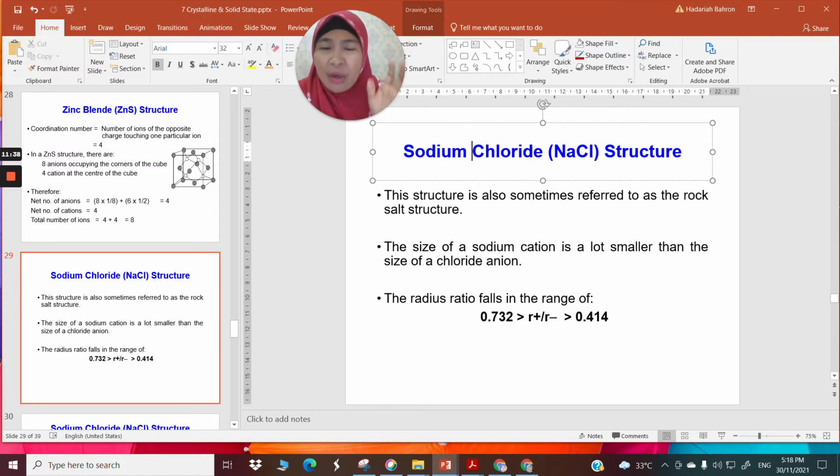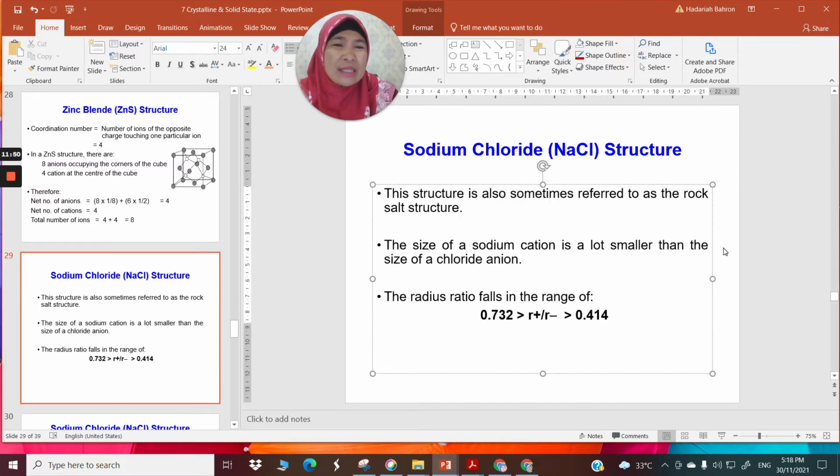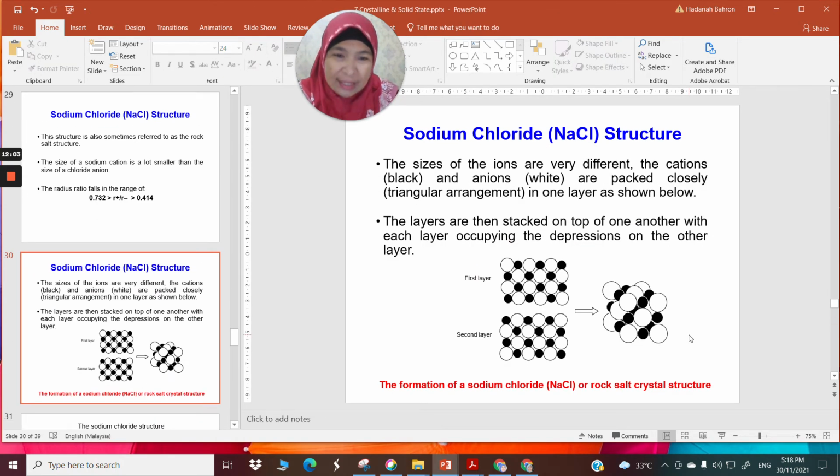Any combination of cations and anions that have a ratio between 0.732 and 0.414 will assume the structure of sodium chloride. This structure is sometimes referred to as the rock salt structure, and the sodium cation is smaller than the chloride anion. This is what a sodium chloride structure looks like.